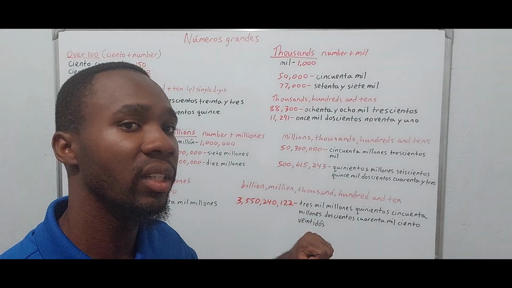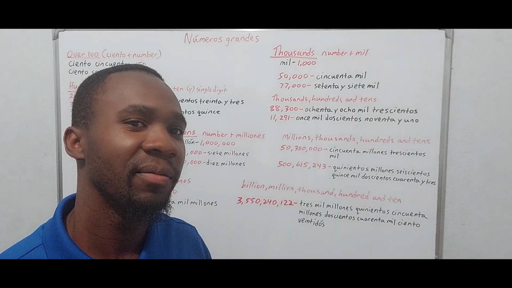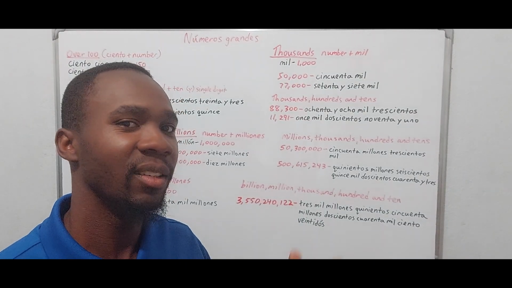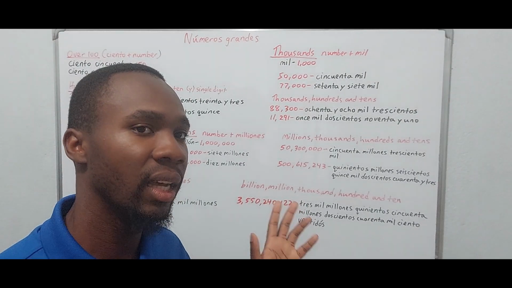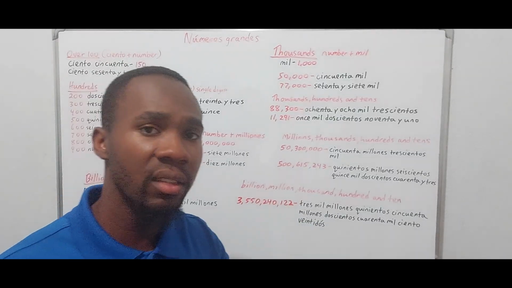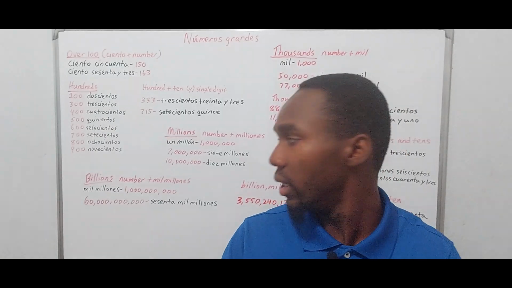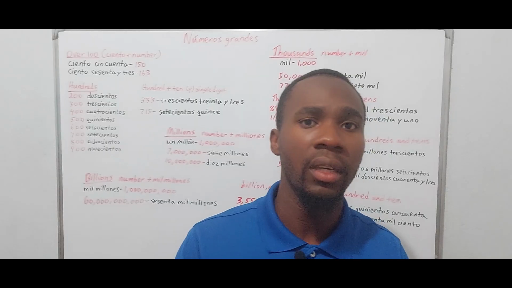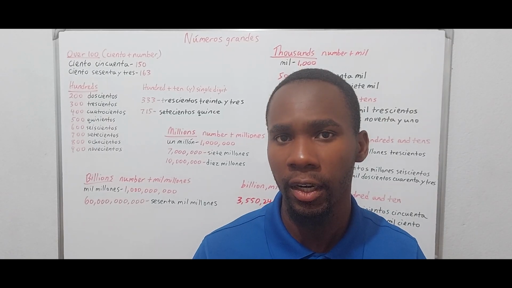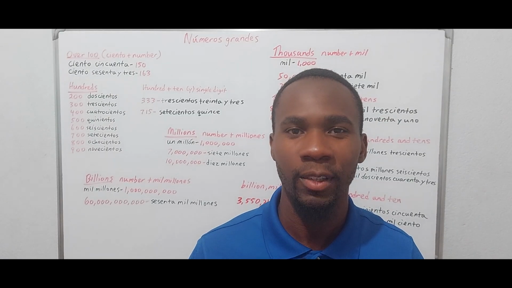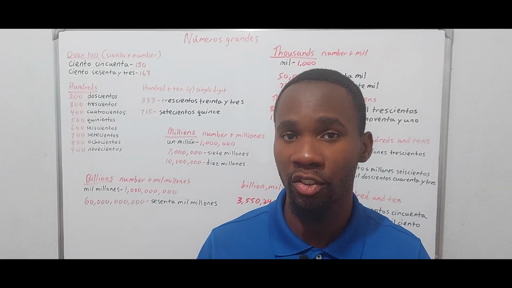Now 122, ciento veintidós. Fácil. So just like I said with millions, with million, billion, and trillion, if you're using those as adjectives, we have to use de, right? All right. So this concludes the lesson on large numbers.